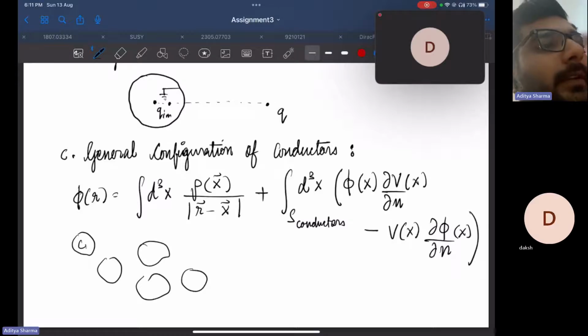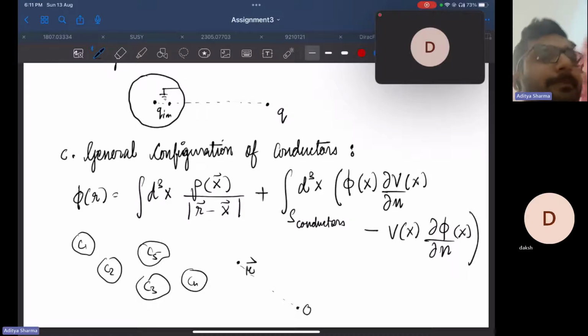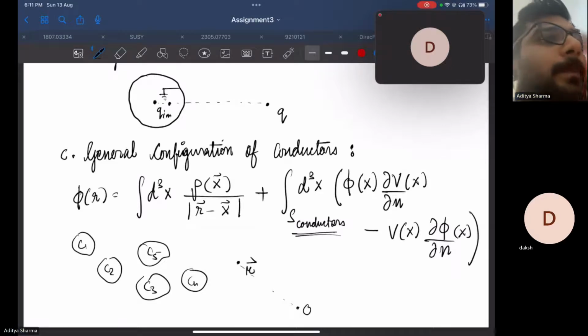Say these are conductor 1, conductor 2, conductor 3, conductor 4, conductor 5, and you want to find the potential at some R from the origin. These are the surfaces enclosed by the conductors.